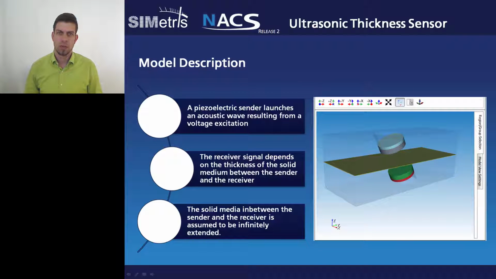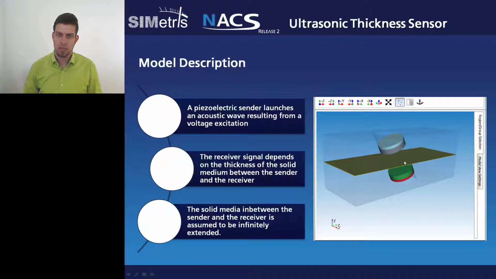So the model that we want to take a look at today is an ultrasonic thickness sensor that is depicted here on the right side, and the model consists of the medium that we want to know the thickness of, for example paper.